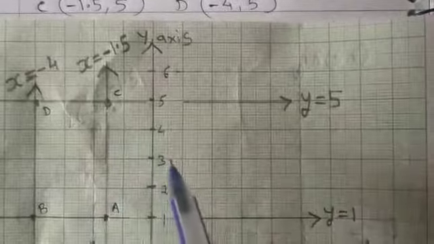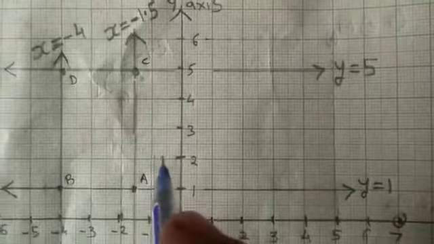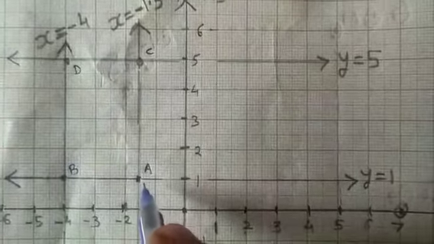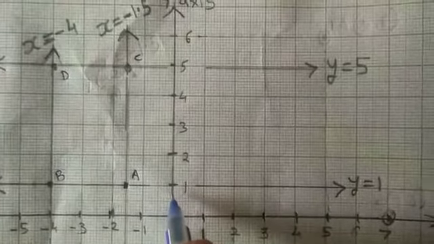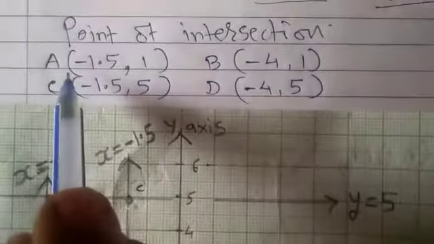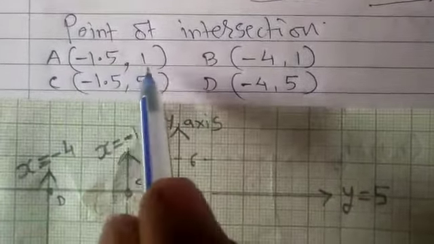After that you want to write the points of intersection. I just give point A, point B, point C, point D. So what is the point of intersection A? See here, x-axis minus 1.5 and y-axis 1. So write here A minus 1.5 comma 1.